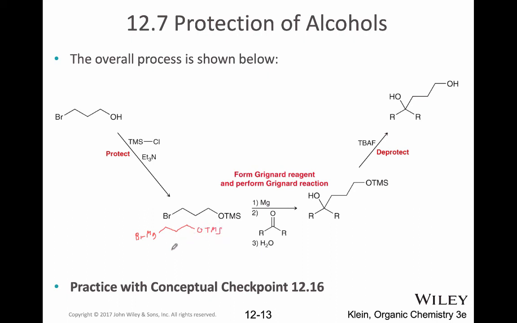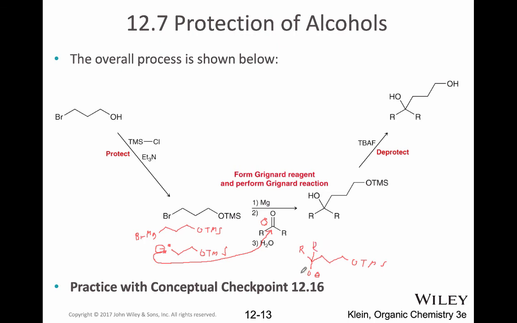I want to think of that Grignard reagent really as the carbanion, right? So I'm going to think of this as the carbanion. The carbanion is going to attack my carbonyl. So that's going to have extended my molecule by 1 carbon here. Whatever the R groups are, it doesn't matter.